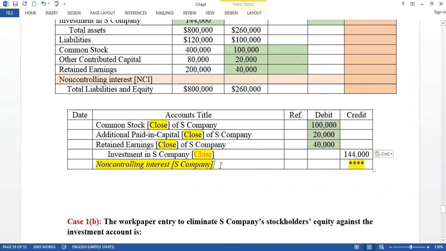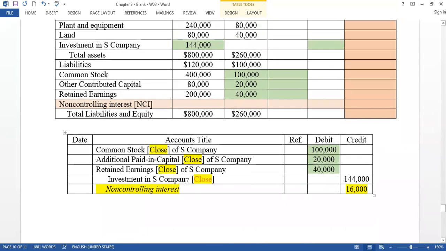And we find that we have NCI, non-controlling interest, which we credit $16,000. Why is it credit? Because the non-controlling interest goes under the equity section of the parent's company, and equity means it is credit, right?